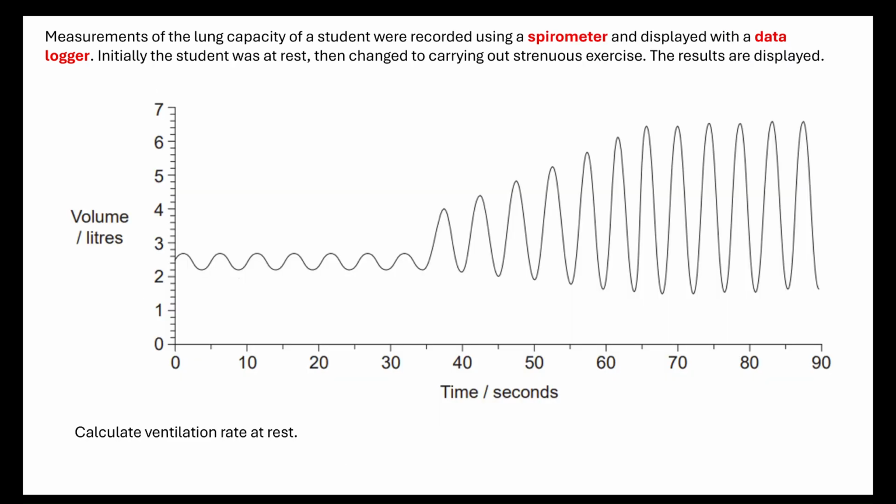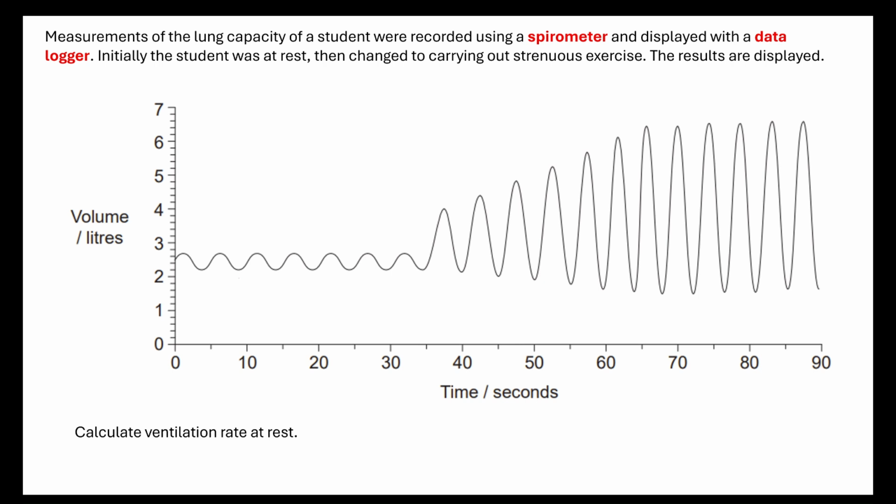So what they may do in the exam is give you a spirometer and data logger set of results, and then ask you to use that to interpret what is happening. We're told here that the student initially was at rest, and then changed to carrying out some strenuous activity. So they've given us some information here.